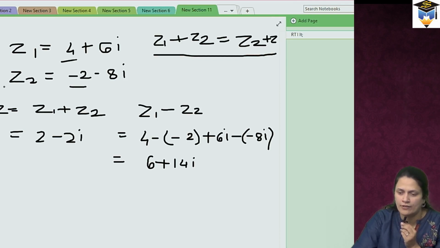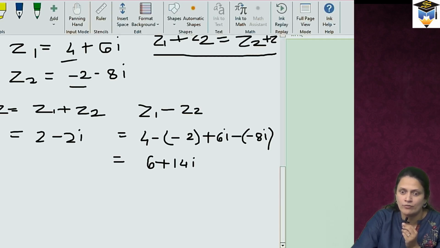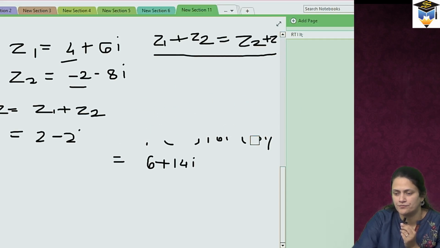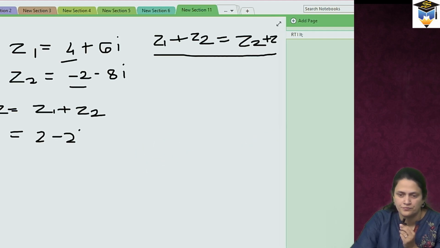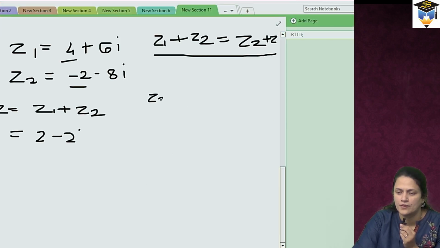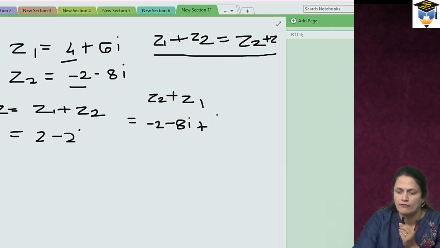So we have done Z1 plus Z2, answer is 2 minus 2i. Let us do Z2 plus Z1. So what is our Z2? Minus 2 minus 8i plus 4 plus 6i.